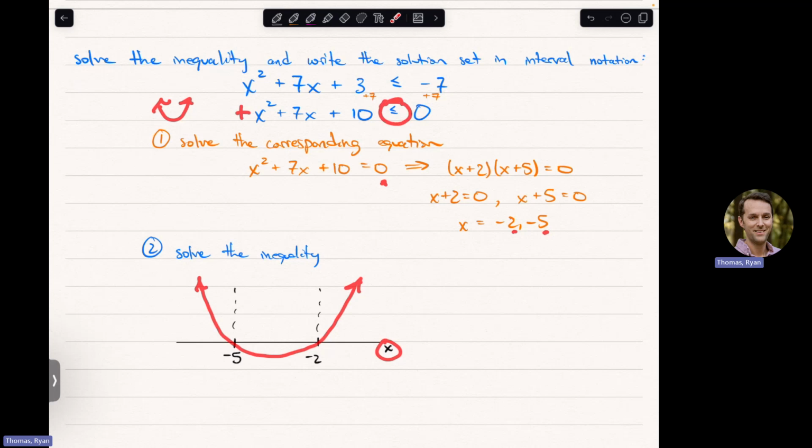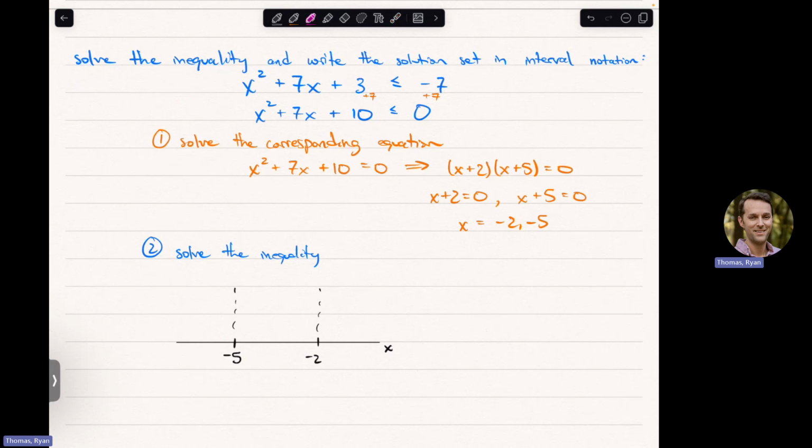So if I'm looking for where it's less than 0, that would not be true here or here because the graph is sitting above the x-axis, but would be true on the center section. So if you're comfortable with that idea, then that's great.